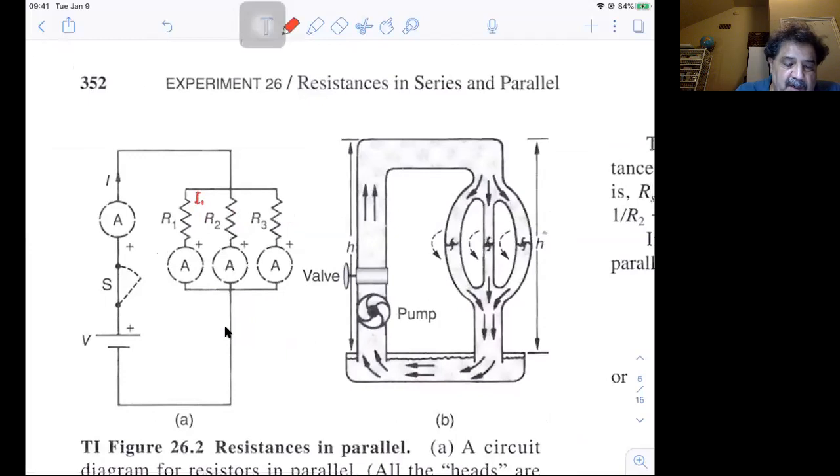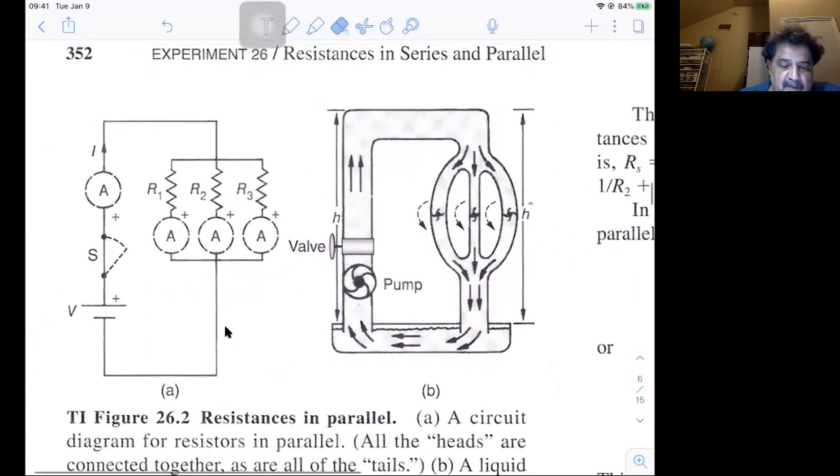So you're going to have one voltage across here, but you're going to have three currents. It's going to split up into three currents.